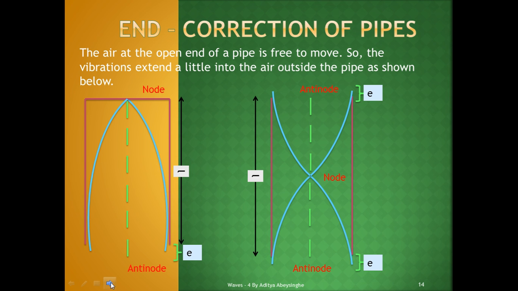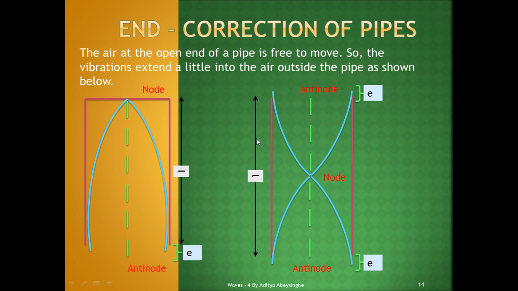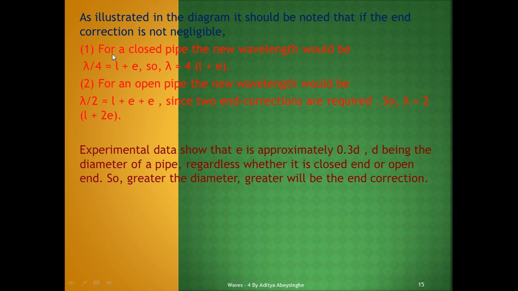And in the case of an open pipe, you take both parts, so that the total length will be L, which is this distance, plus 2E.